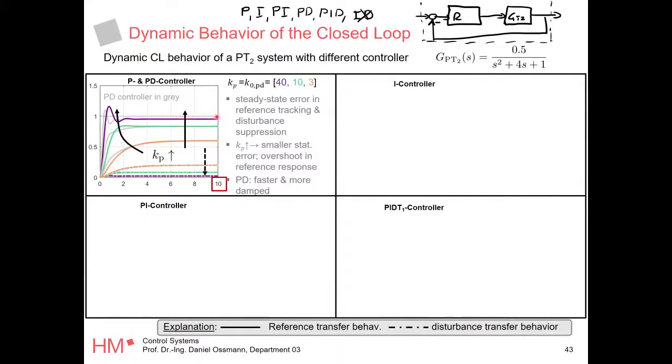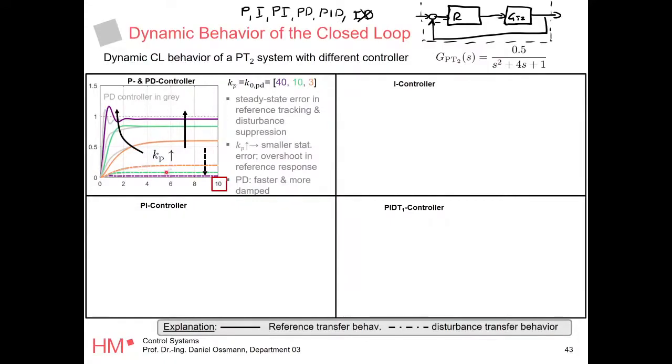So we never reach 100%, we never reach the 1 here. But if we increase the gain, we're getting closer. If we increase the gain, we're making our system faster, but at some point we start to overshoot. Remember, this is a PT2 system. We have a P controller, so it's a second order system, and we are changing the dynamics. So at some point, we're going to start to oscillate, while this one is not oscillating.